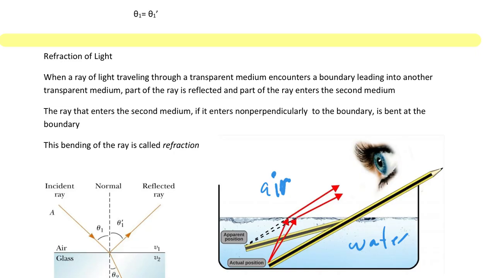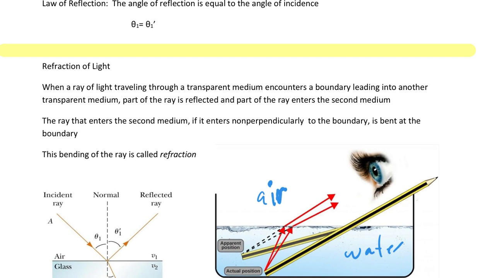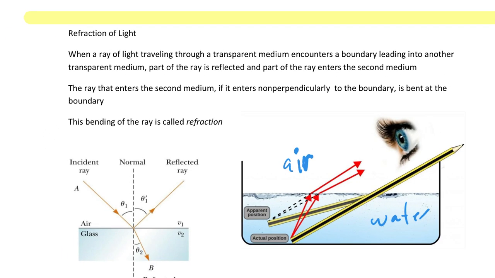Okay, so when light travels into another medium, let's look at this picture right here on the left. When light travels into a medium at an angle that's not perpendicular, so at a slanted angle, going from air to glass, it will bend either away from the normal or towards the normal.